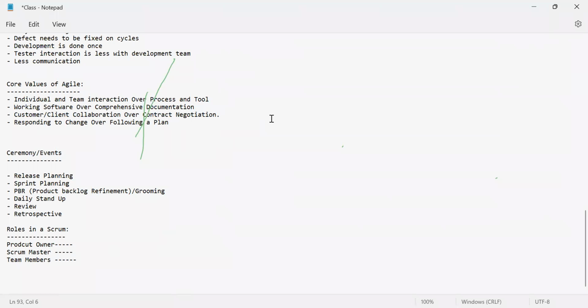Any other questions related to Scrum? Should I consider silence as you're all good?